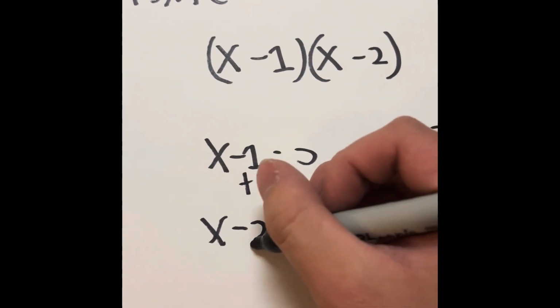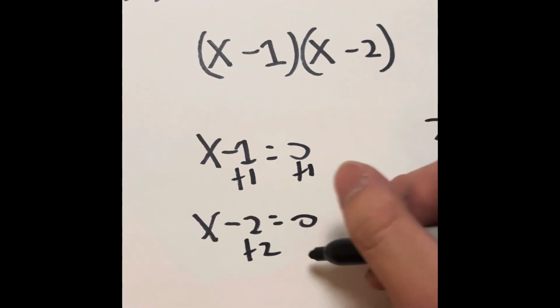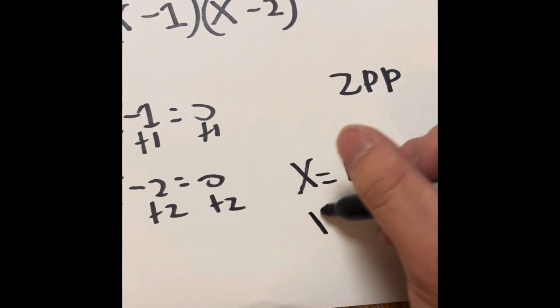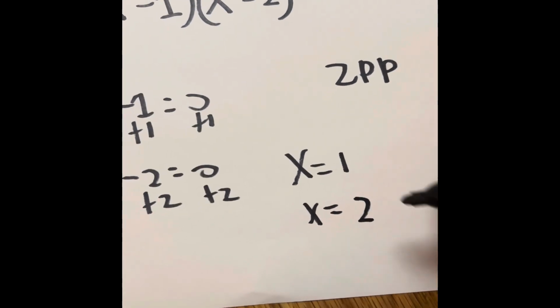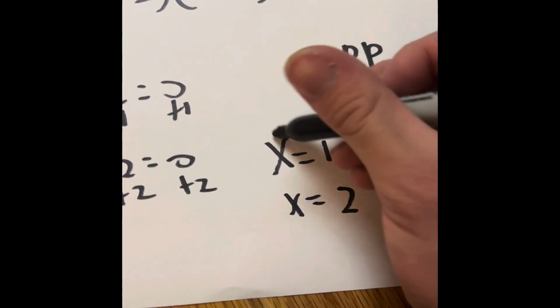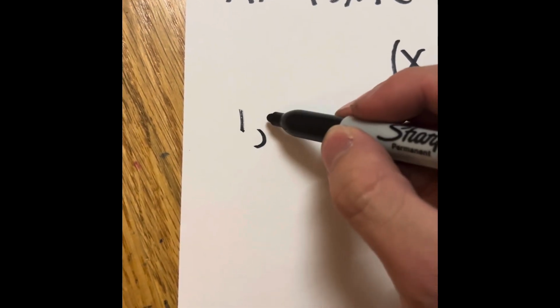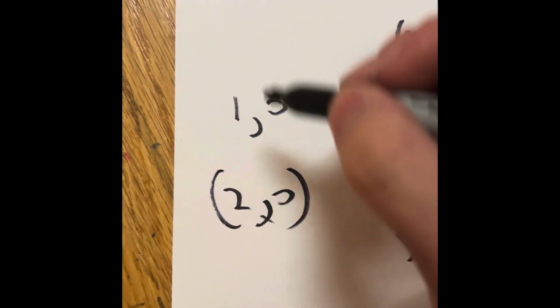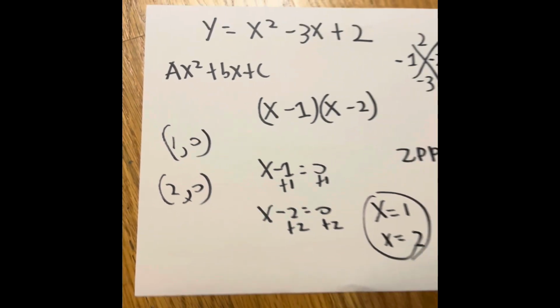Plus 1, plus 2, plus 1, and plus 2. So x equals 1, or x equals 2. If you were to graph it, the coordinates would be 1 comma 0 and 2 comma 0. And those are our answers for this question.